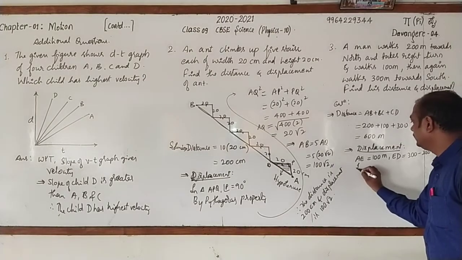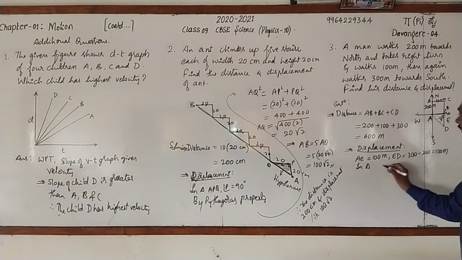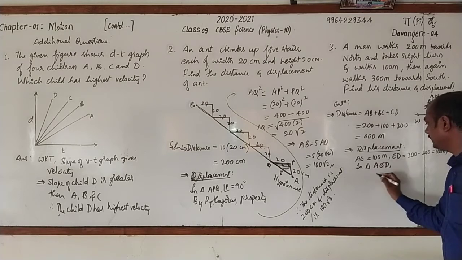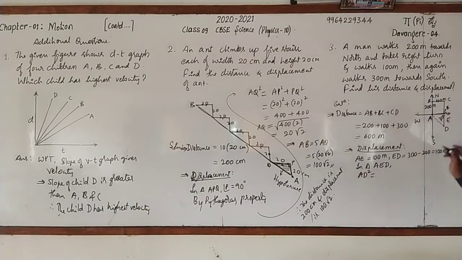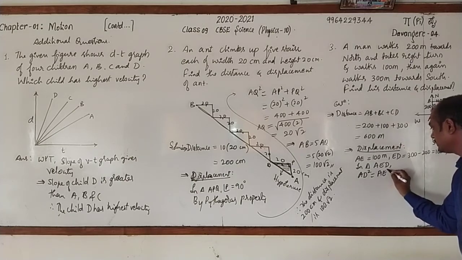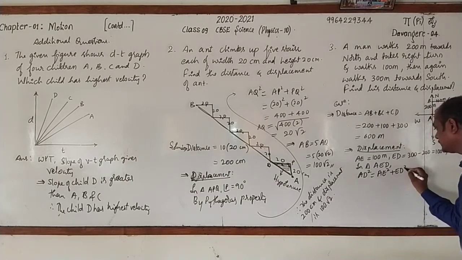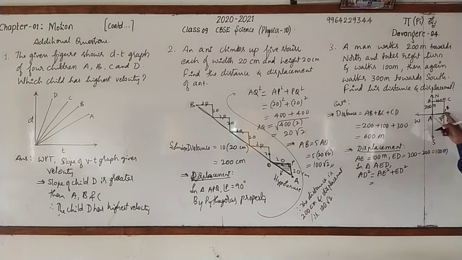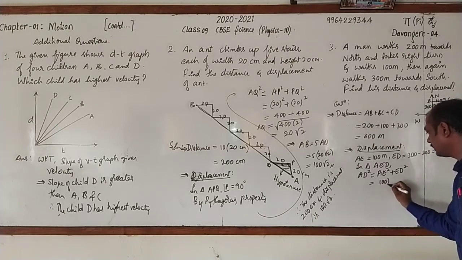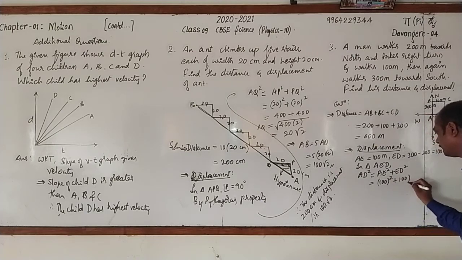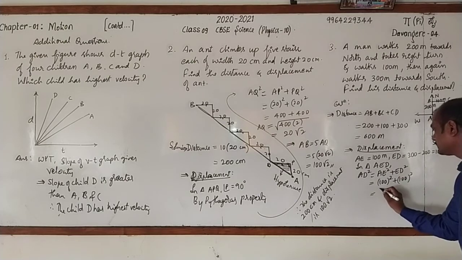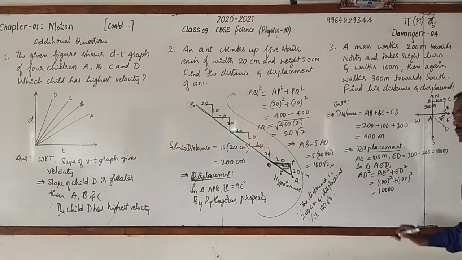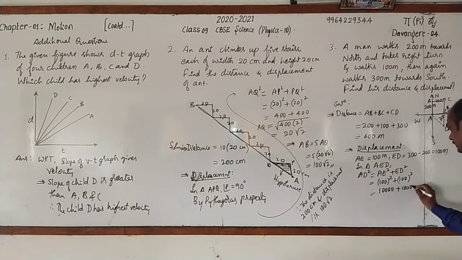Now, in triangle AED, AD square equal to AE square plus ED square. AE is 100, ED that is also 100. So 100 whole square plus 100 whole square is equal to 10,000 plus 10,000.